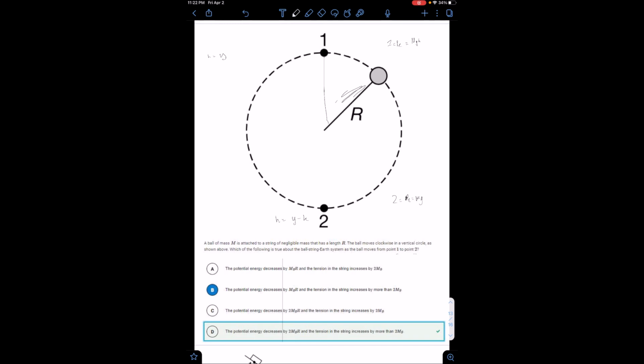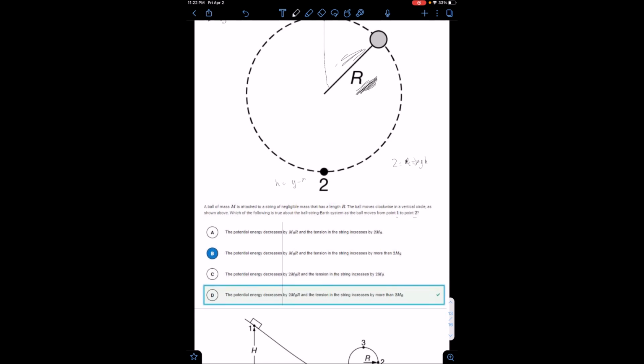Now, in contrast to point 1, over here I should have actually said minus r. Since we're talking about the radius, we know that 1 should be 2 times greater than 2. So 2 is 1/2 of the height of 1.